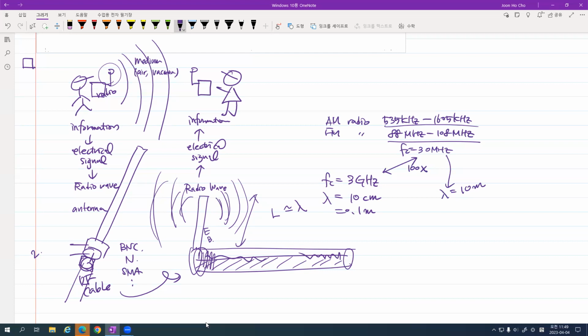But anyway, what is important is that we need to generate a single real number, which is a function of time, whenever we have antennas, okay? So we can model this electrical signal that is fed as a real bandpass signal.